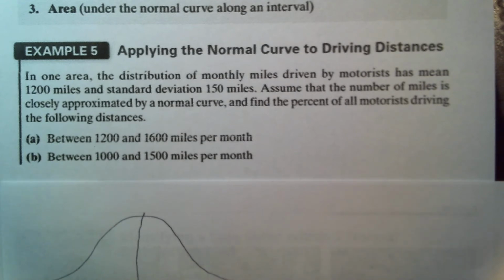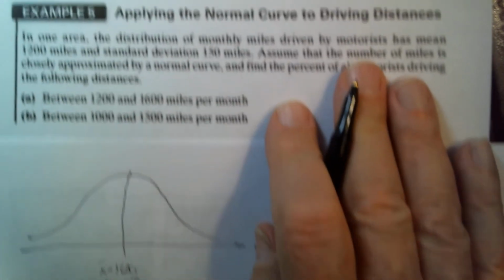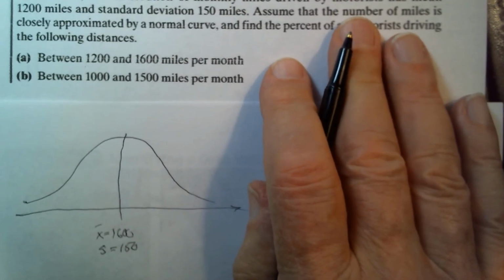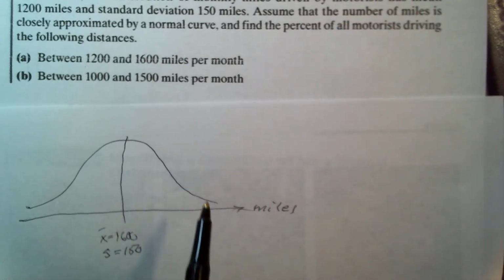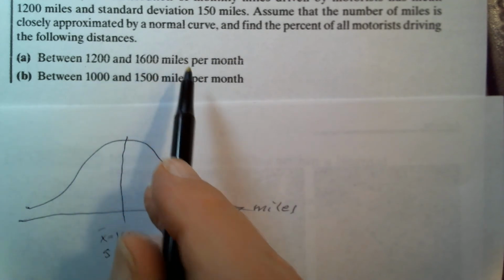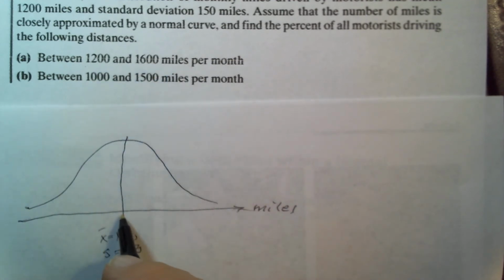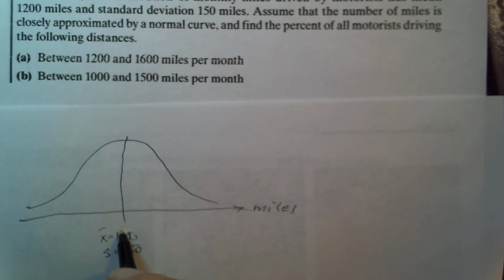So these are miles driven. And now the question is between 1,200 and 1,600 miles per month. Well, 1,200 miles is here for the mean, and then 1,600 would be about here.